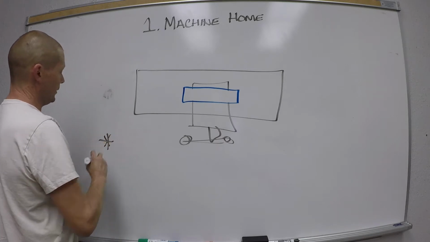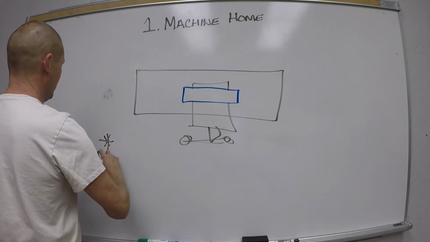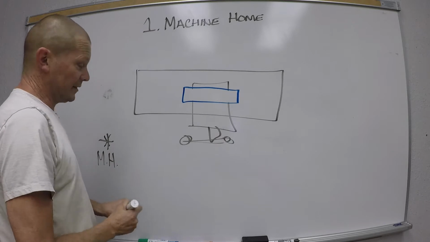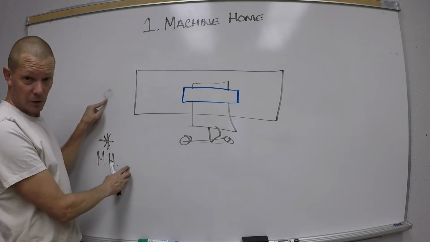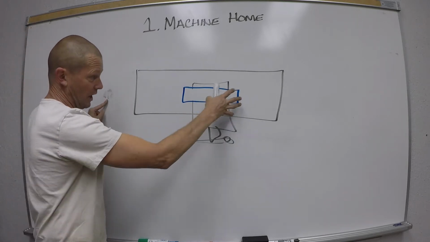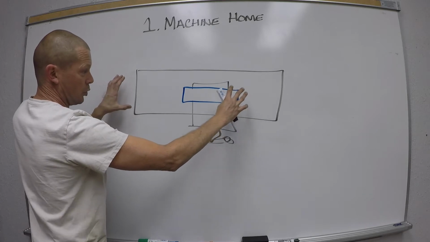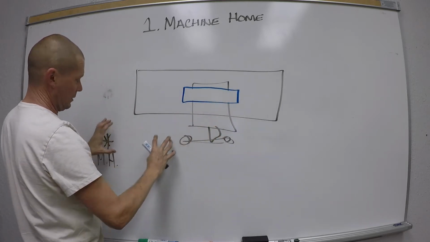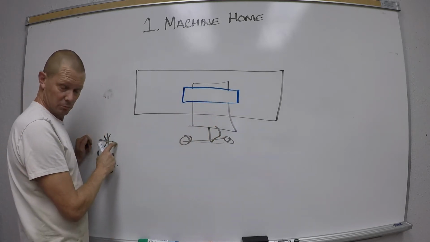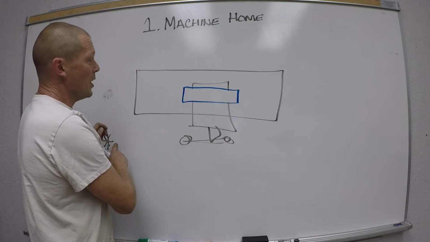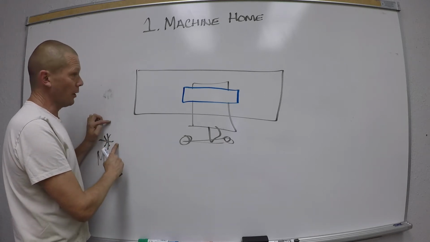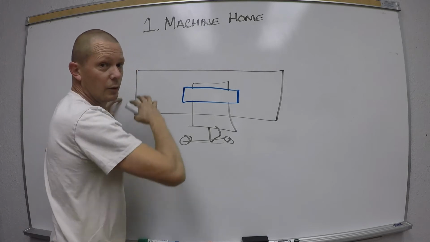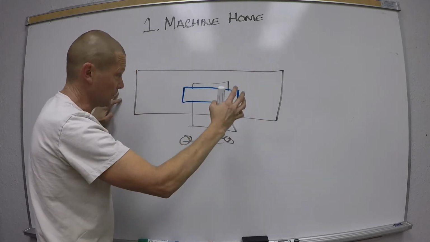There are little limit switches, so it knows when the table goes real slow and comes in and finds machine home. Now it knows where X and Y is within the realm of the machine, okay?